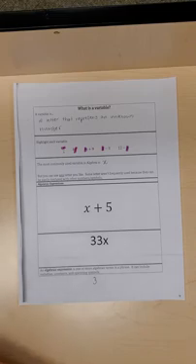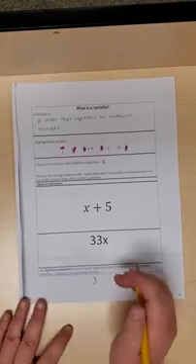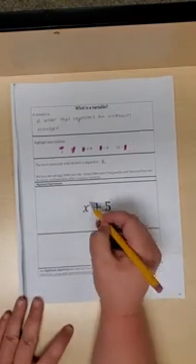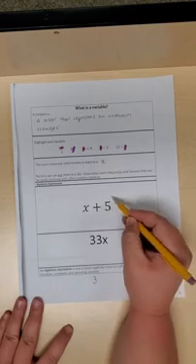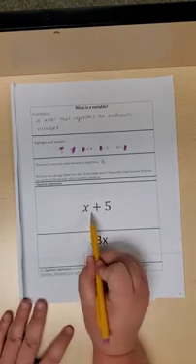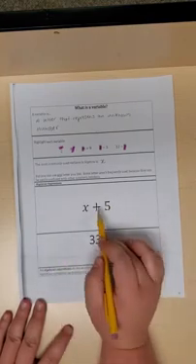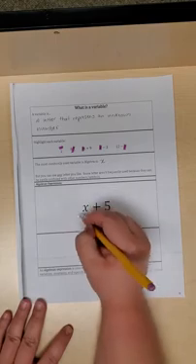All right, so let's break apart the algebraic expressions here down at the bottom. Okay, so we have the expression x plus 5. So what I want to do is take each part and let you know what it means. So the x here is the variable, and 5 is being added to it. Now, there's a word that represents each part of the expression that's being separated by the addition sign, and that word is term.